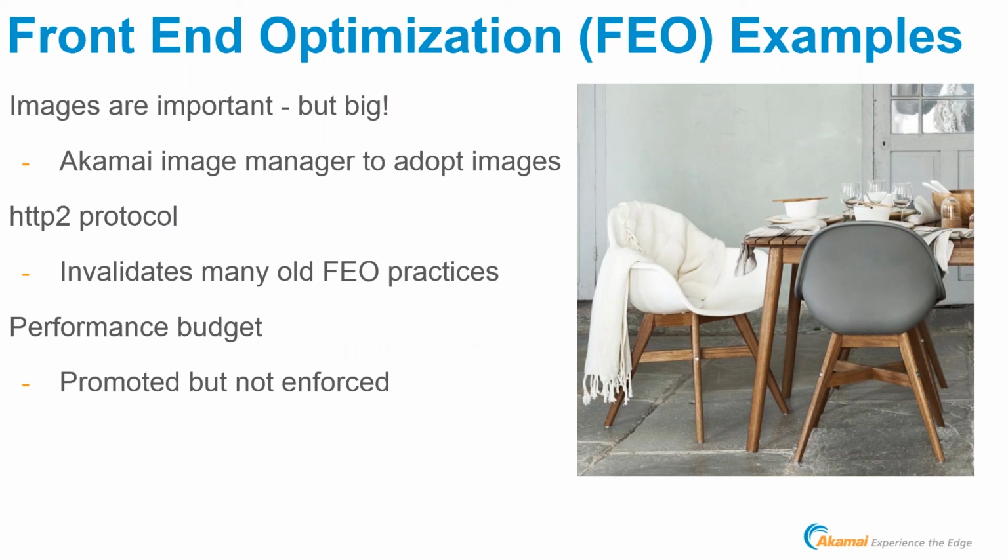All the normal techniques to get good performance, HTTP2 protocol, caching. We use Image Manager to convert the images, so we will actually send different images to different types of browsers and different types of operating systems based on what they can handle and how fast they load these different images.